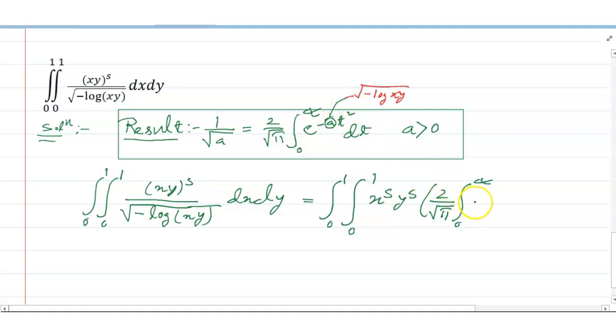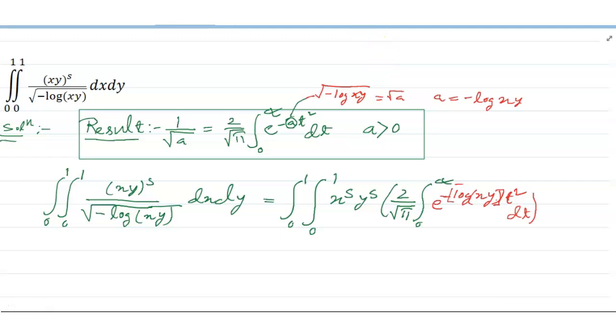So it can be written this way: e to the power minus a square t square, where a square is minus log xy, so it is e to the power log xy into t square, dt.